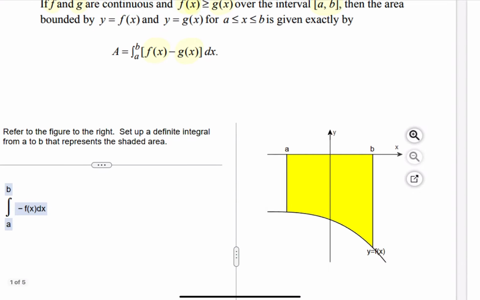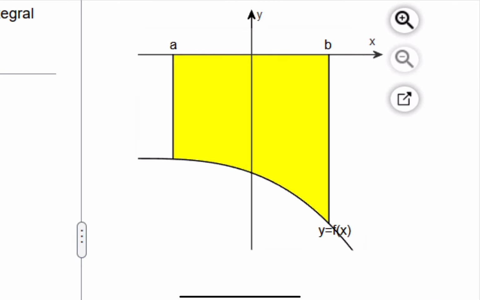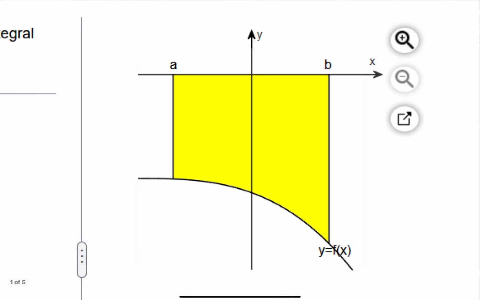Now in the first problem, they're asking us to write down how I find the area of this curve. So first step, I'm going to take a look. Okay, so these are two curves. I'm trying to find the area under this curve that is starting from A to B. This yellow area is what I'm trying to find.